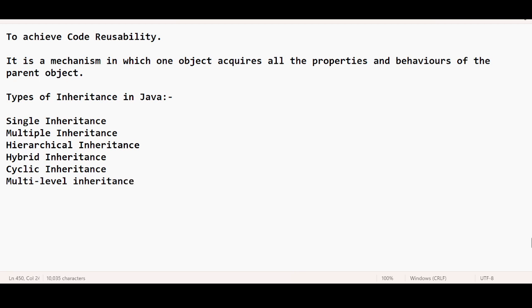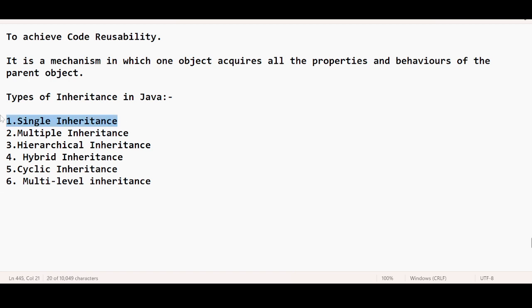So these are the types of inheritance available in object oriented programming, or in the Java programming language. Now let us discuss single inheritance in Java.